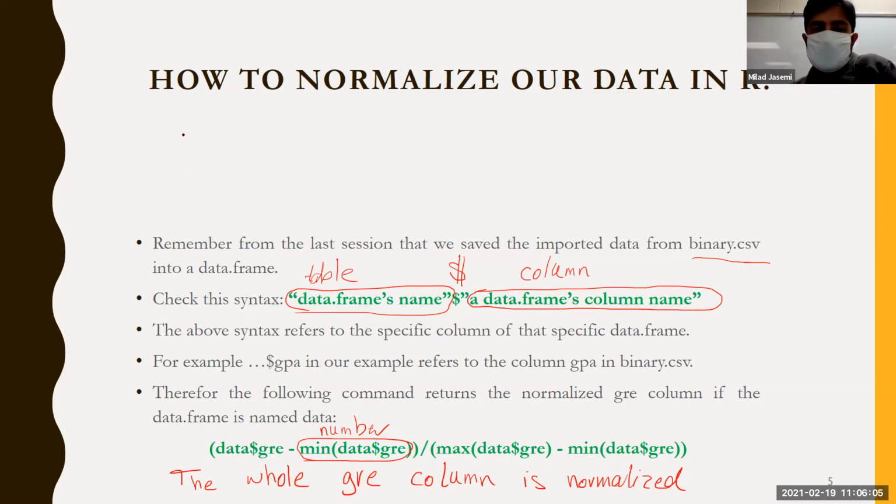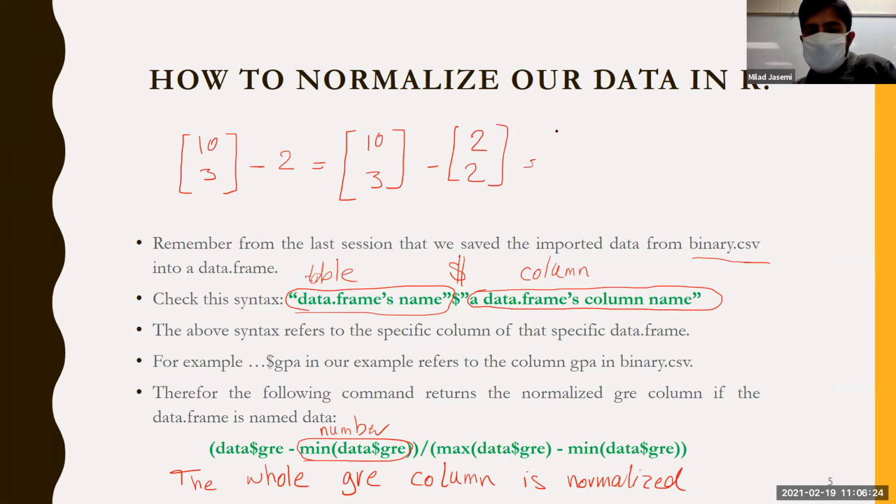For example, when you put 10, 3, it's a column, minus 2. In fact, R automatically converts this to 2, 2, so it gets to 8, 1.